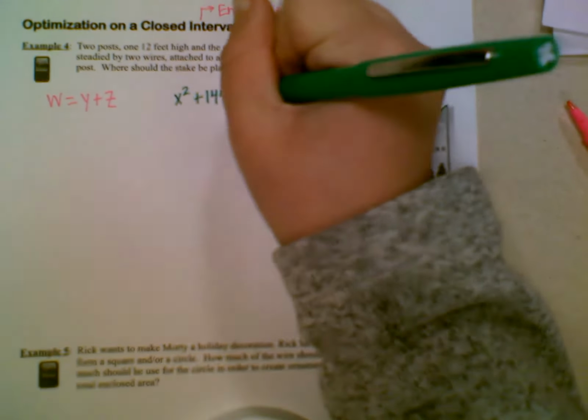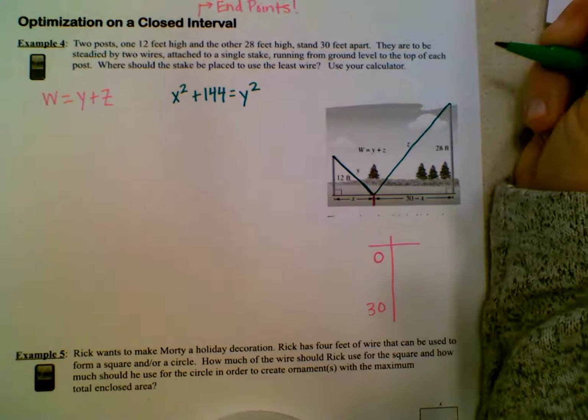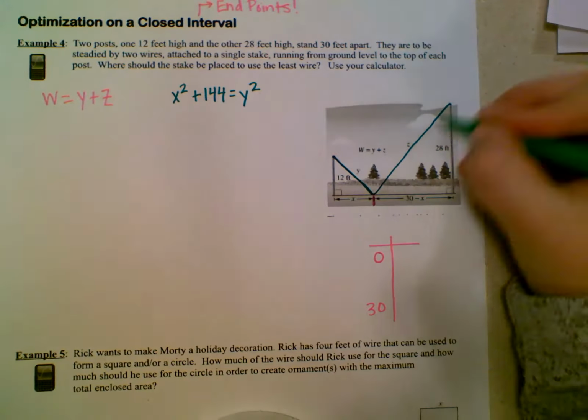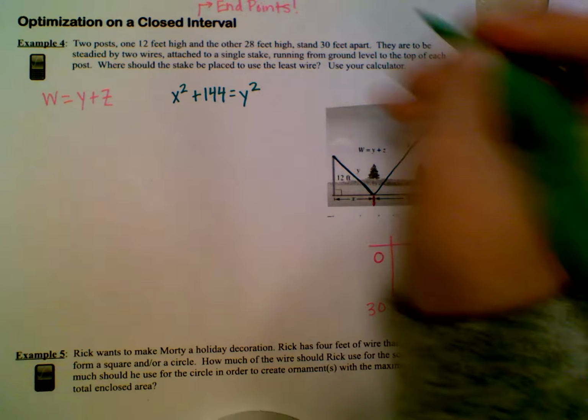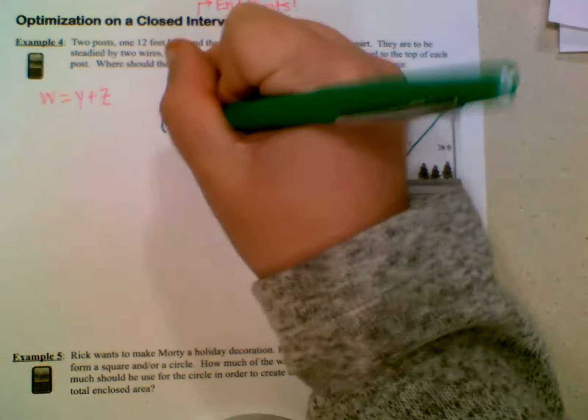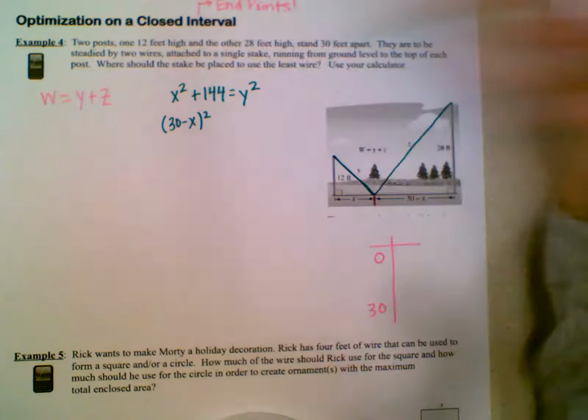So one of the equations is x squared plus 12 squared, so plus 144, equals y squared. The other equation is based off of z, so we would have 30 minus x, that whole thing squared, plus 28 squared. I'm going to go ahead and calculate that right now.